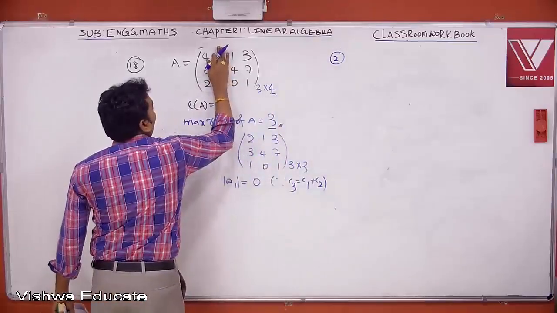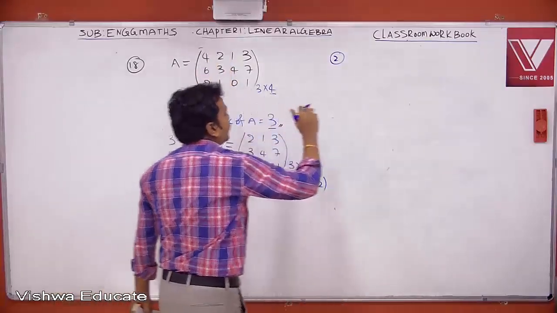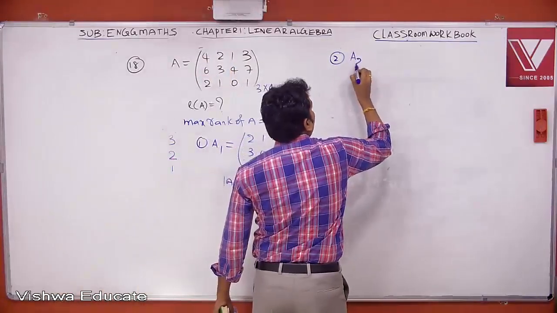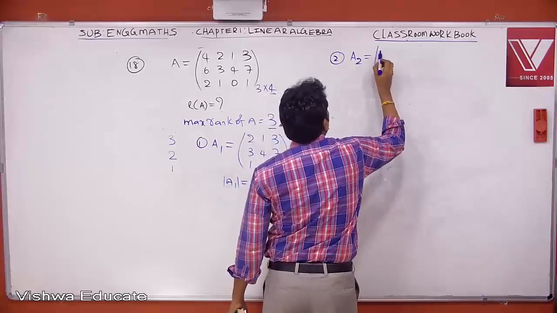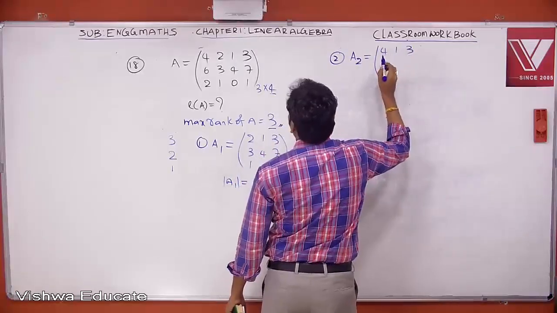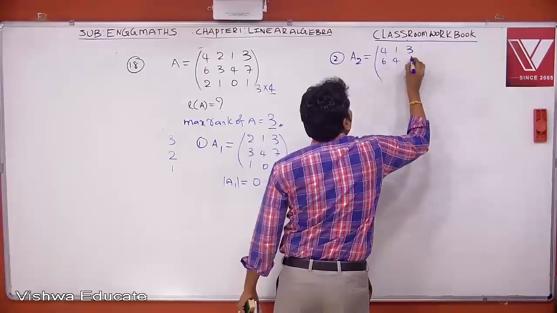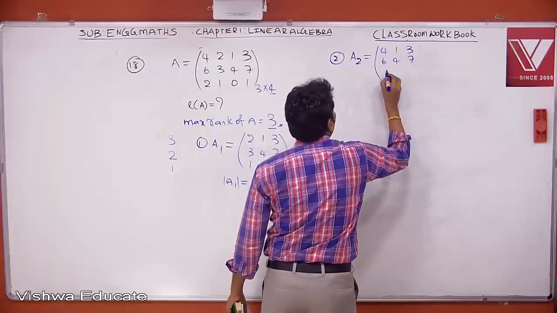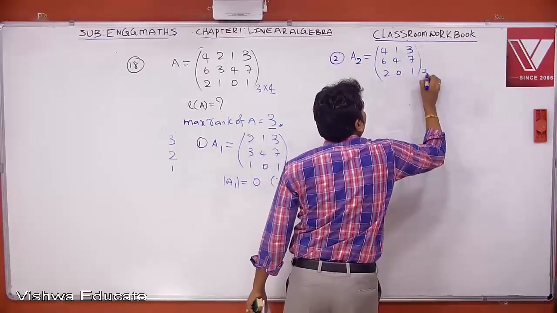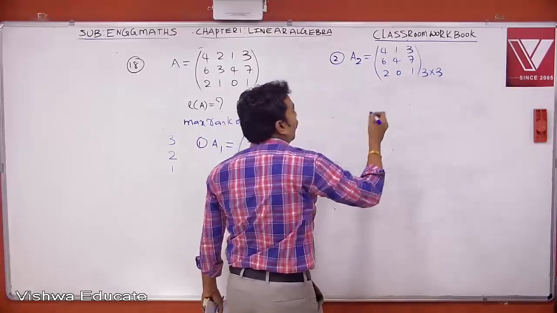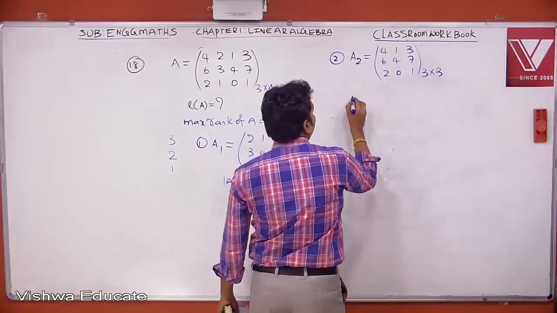Now I eliminate only the second column. So I am getting another submatrix which I call A2. So this is 4 1 3, 6 4 7 and this is 2 0 1. This is also a 3 by 3 submatrix. Now let us find the determinant of this matrix.